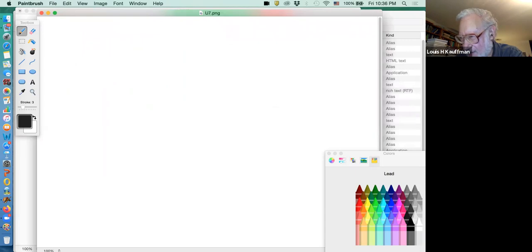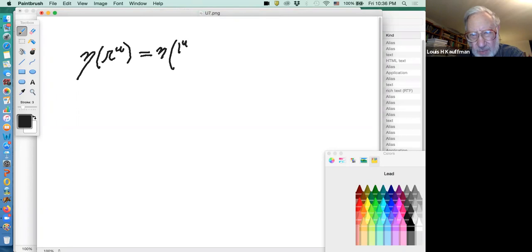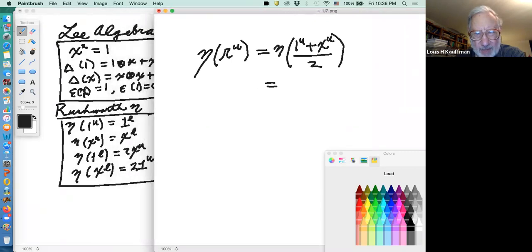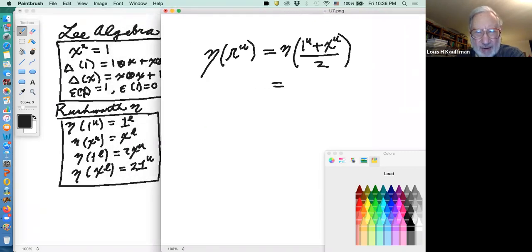Let's find out about eta of R. I'll just do 1 and leave the rest for you. Eta of RU. So in order to find out about eta of RU, I need to take eta of 1u plus xu divided by 2, because that's what RU is. And now I go back to my equations, and I have that eta of 1u is 1L, and eta of xu is XL.